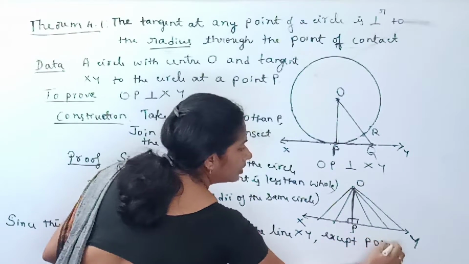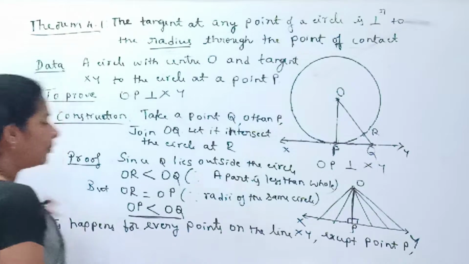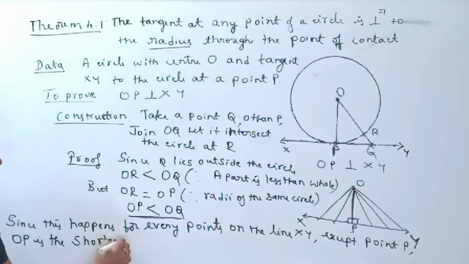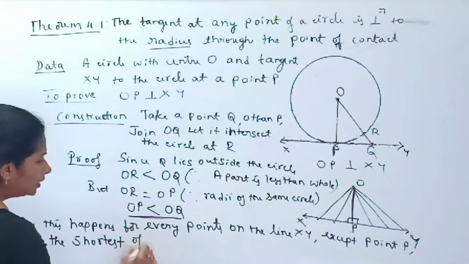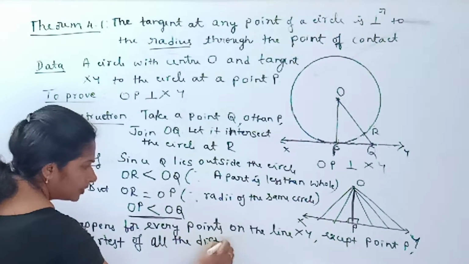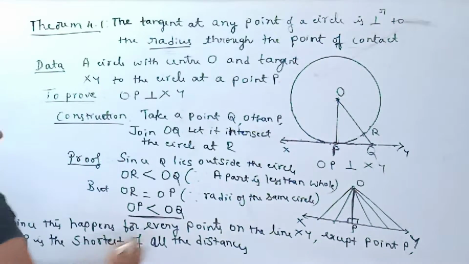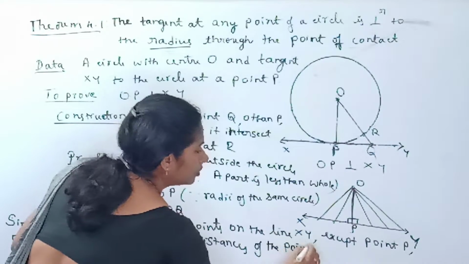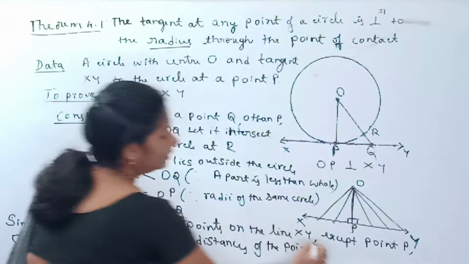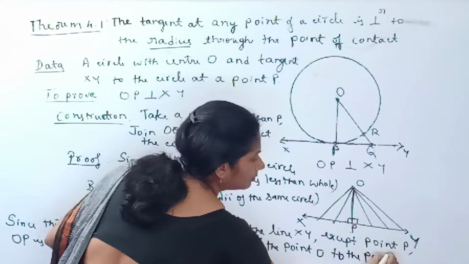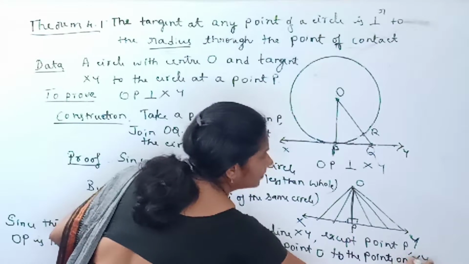OP is the shortest of all the distances from the point O to the points on XY.